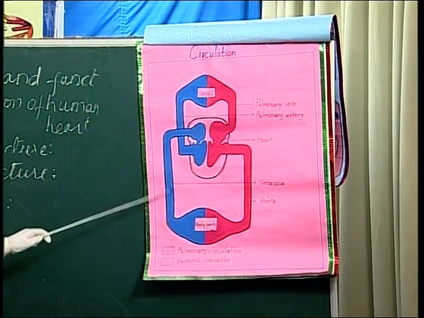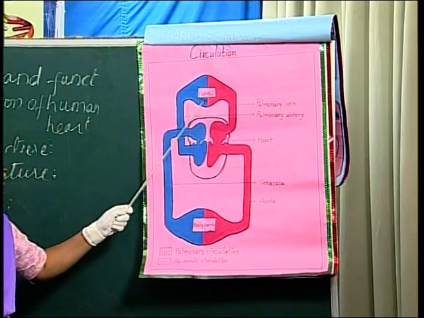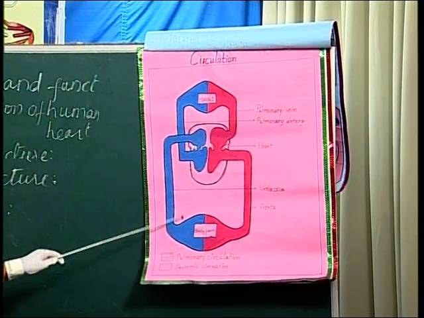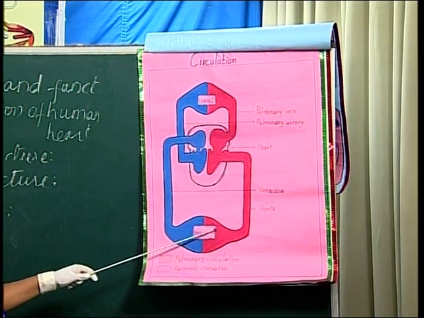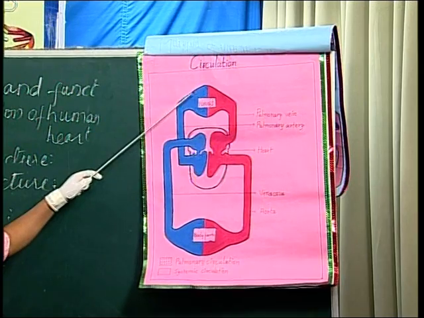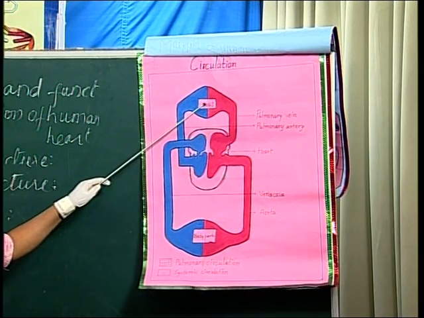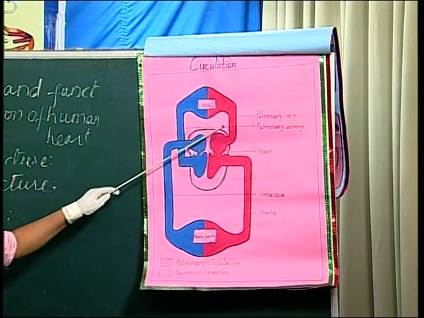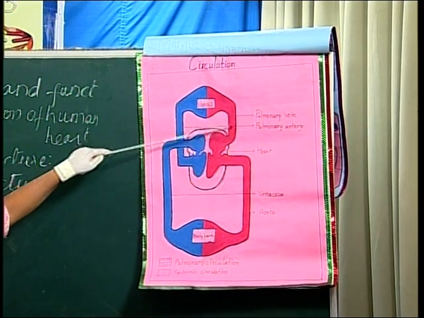This type of circulation is called pulmonary circulation. There are two types of circulations: one is pulmonary circulation and the second is systemic circulation. In the systemic circulation, the oxygenated blood from the lungs enters the left auricle by the pulmonary vein. This is the pulmonary vein.